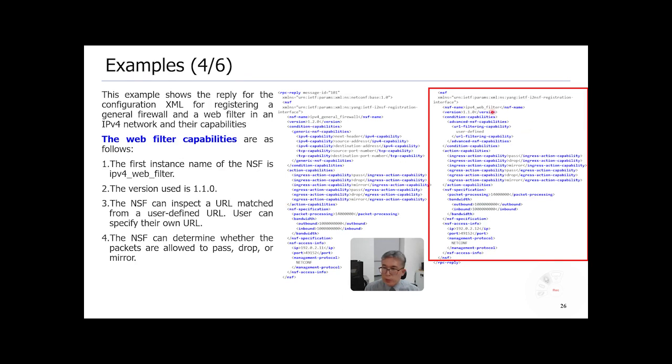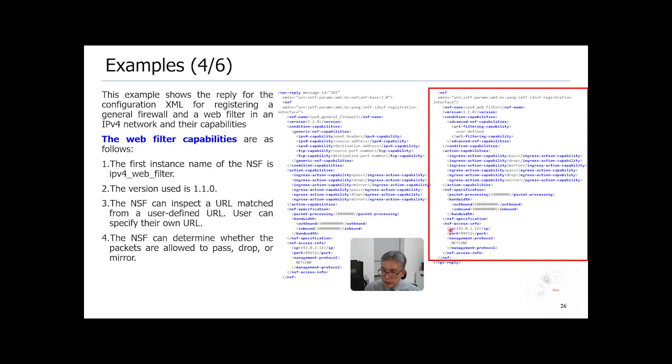Similarly, in the web filter case, there is the NSF name, the version number, and the conditional case, advanced NSF capability, especially URL filtering. And the action capability, ingress and egress, has three actions specified: pass, drop, or meter. And then the NSF capability also has packet processing and bandwidth, along with outbound and inbound specified.